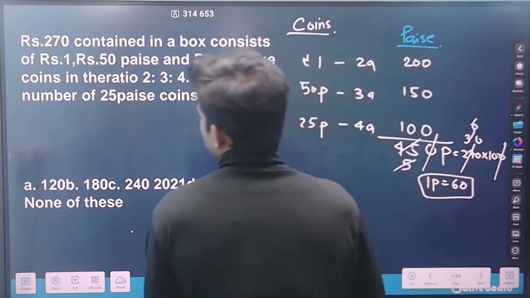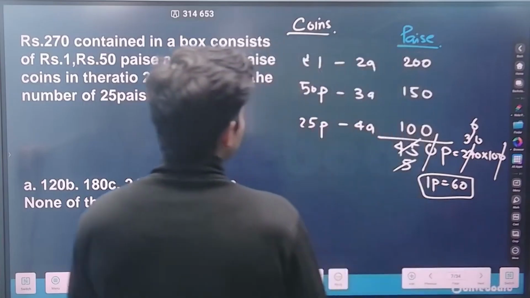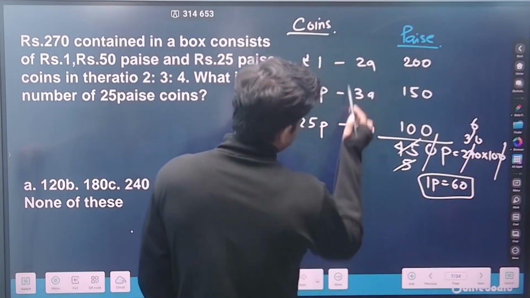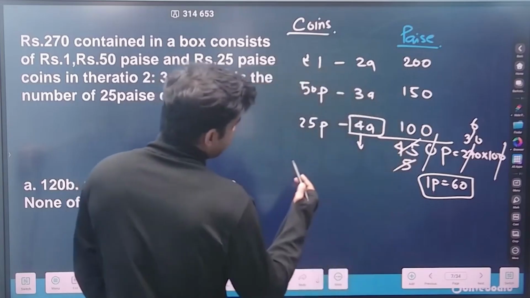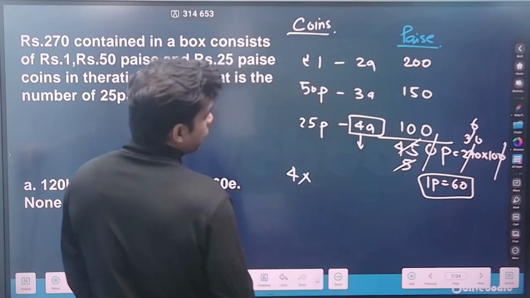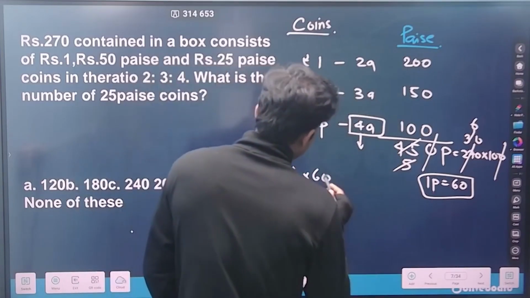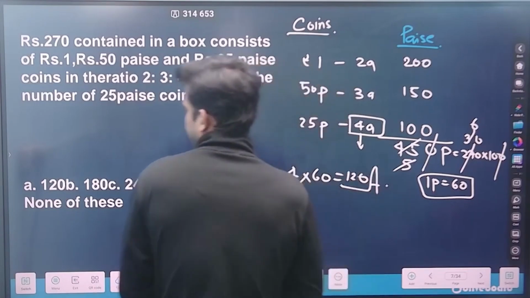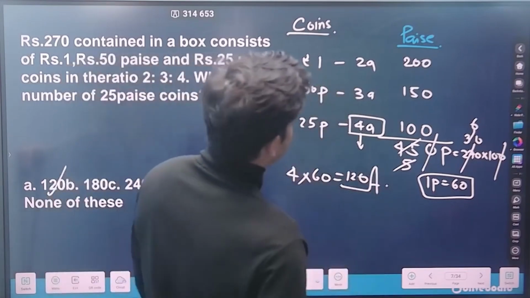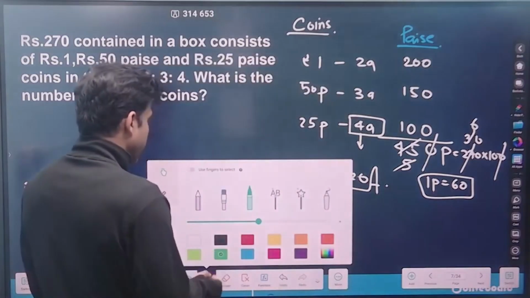They're asking what is the number of 25 paise coins. Now these are basically the numbers. For 25 paise coins I'm having 4, so can I say that 4 into 60, which is 120, is the answer. This is the number of coins.